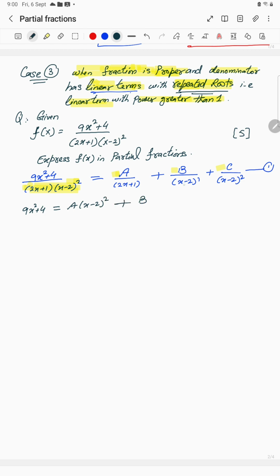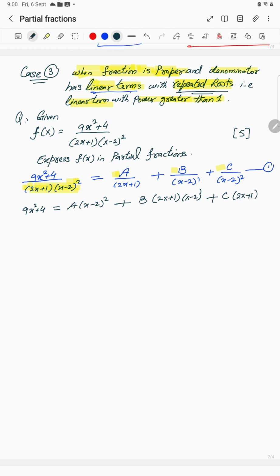And with the B, x minus 2 once is cancelled, so you get (2x plus 1)(x minus 2) with power 1 left, because here it is 1. And once you multiply the same with C, (x minus 2) whole square will go and we'll get C times (2x plus 1).